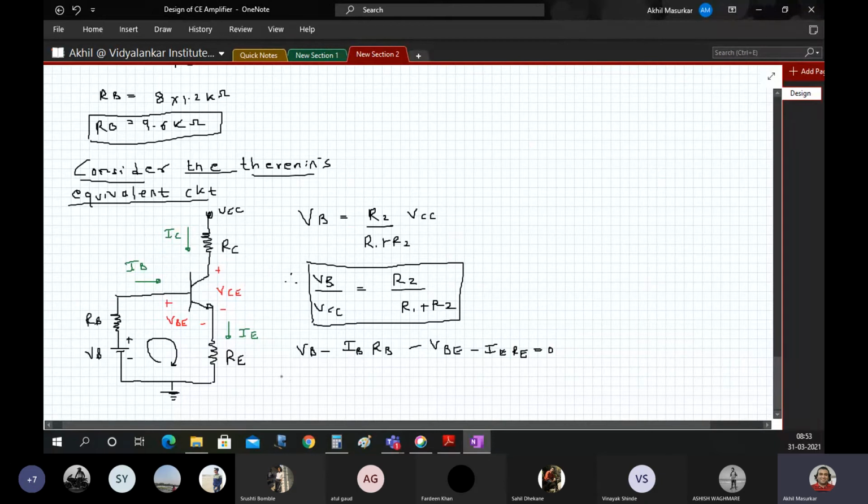So we can write here VB is equal to VBE plus IBRB plus IERE. So we can write here that VB is equal to 0.7 plus, what is the value of IC?